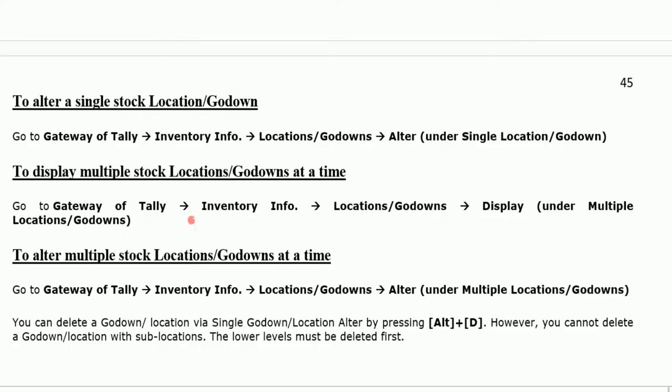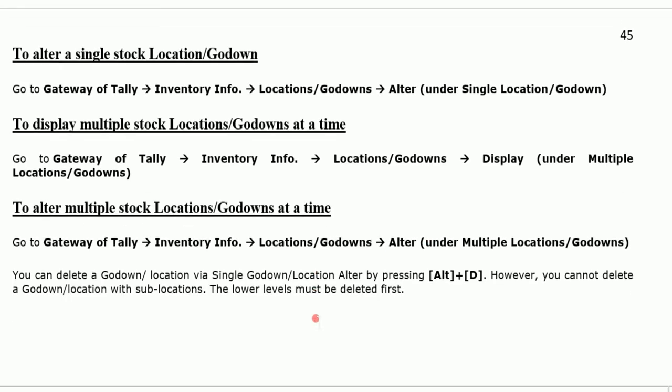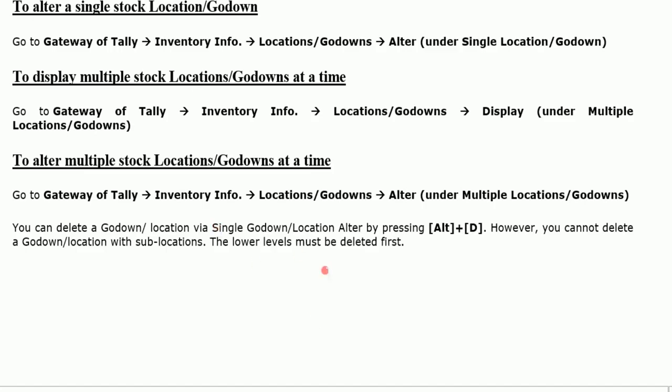Multiple is to create many items at a time. Single is to create a single item one time. If you want to alter multiple stock locations or Godowns, the same method: go to Gateway of Tally, Inventory Info, locations or Godowns, then alter.